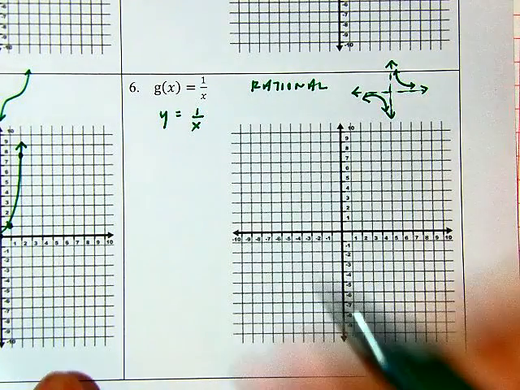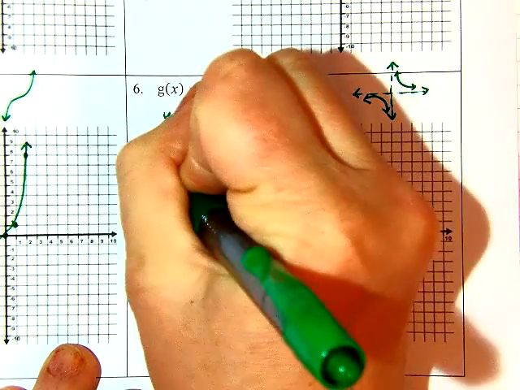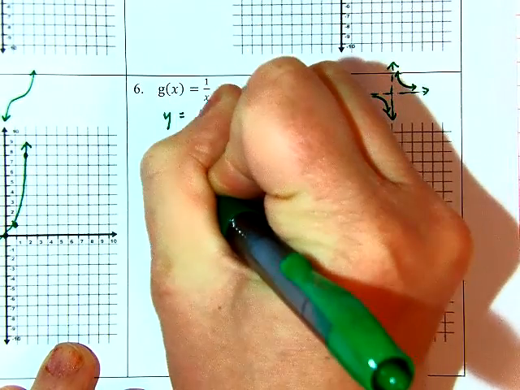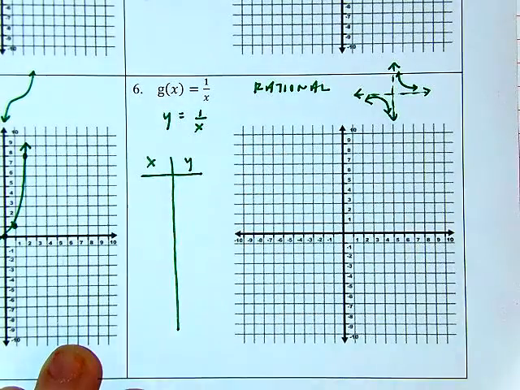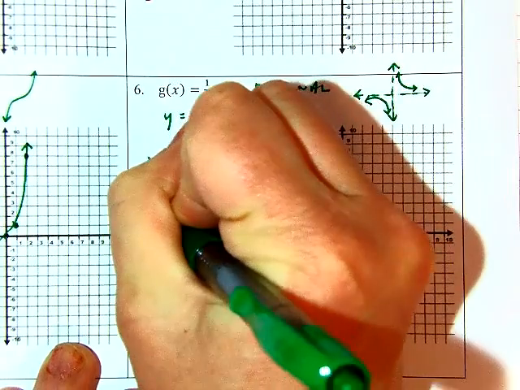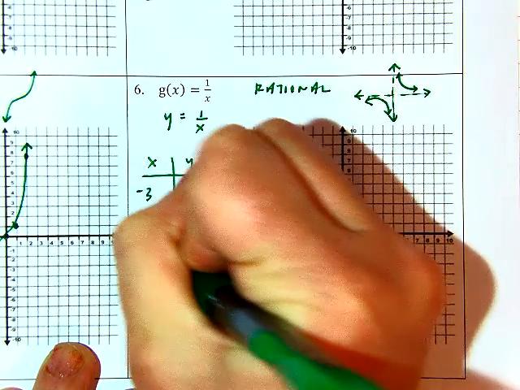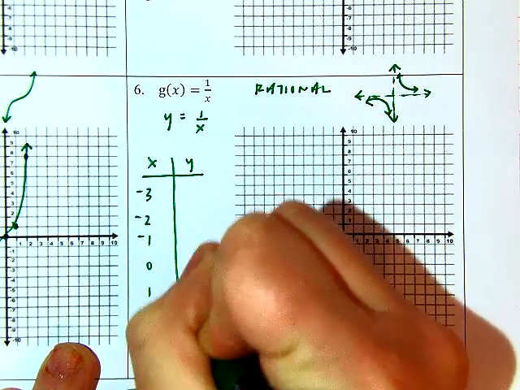Okay, so now the table. X, Y, inputs and outputs. I'm going to get a few extra ones here. I'll go negative 3 to positive 3.